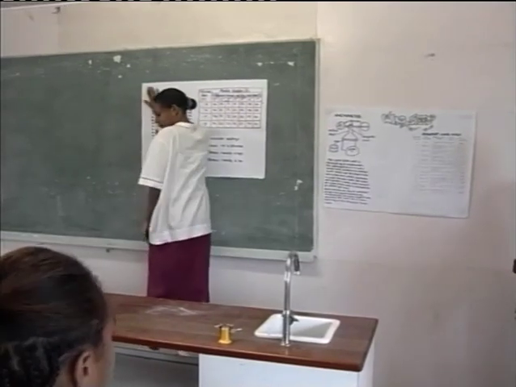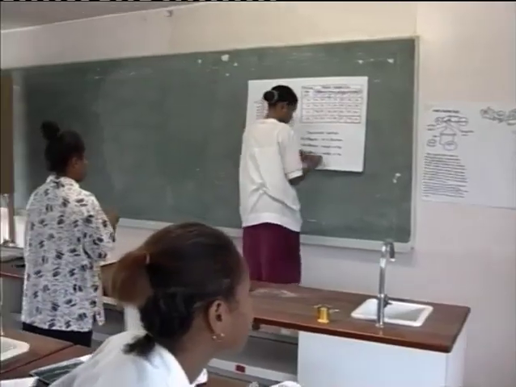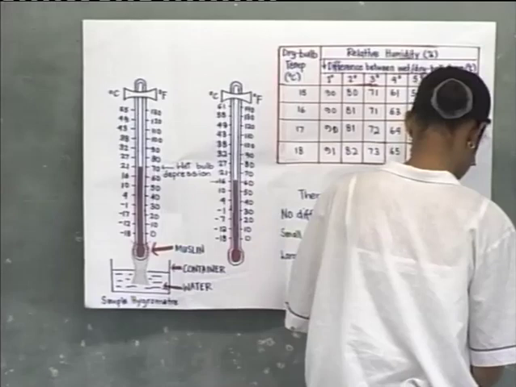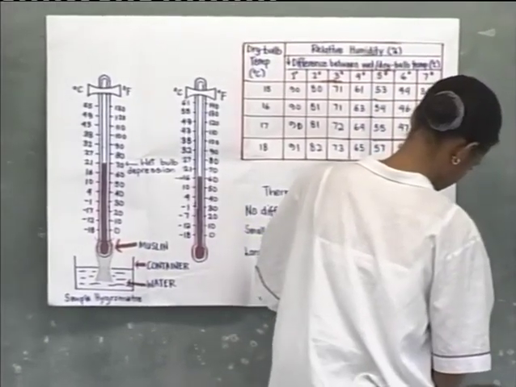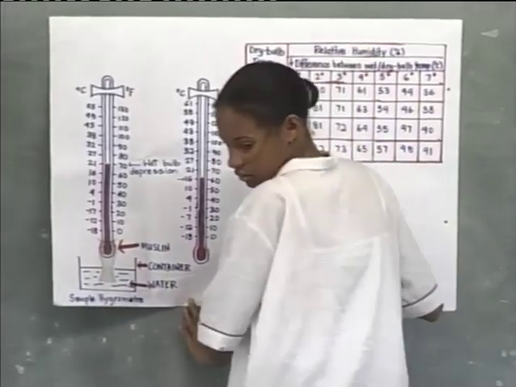Use a ruler because we don't have the pointer. Let's put this over just in case. Get your chart ready so you can put it straight on.